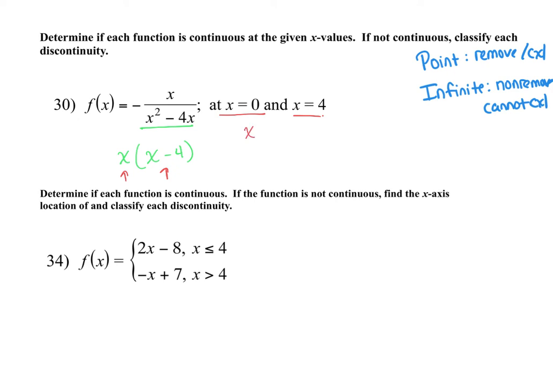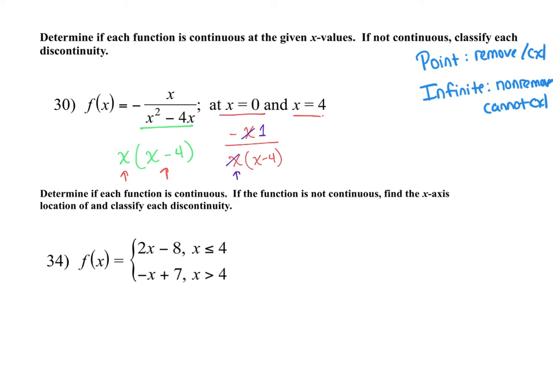So my function looks like this. I have negative x over x, x minus 4. We know both of those are discontinuities. We just need to figure out what type. All right? So for the 0, this is my problem with my 0. Can I cancel it? Well, yes, actually, I could cancel my problem with this numerator. I canceled the 0.